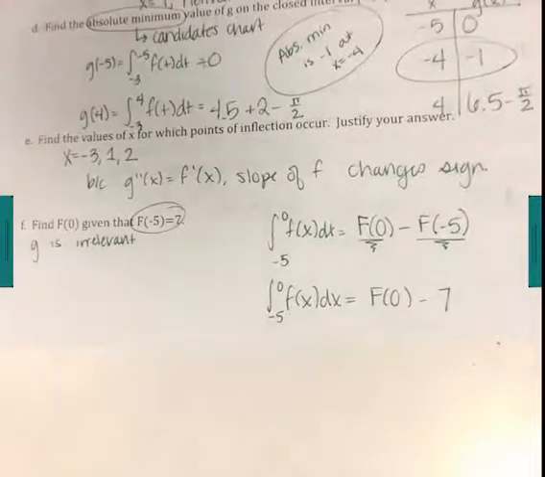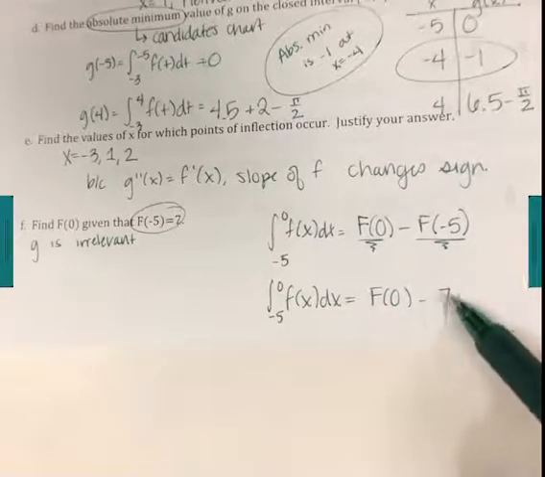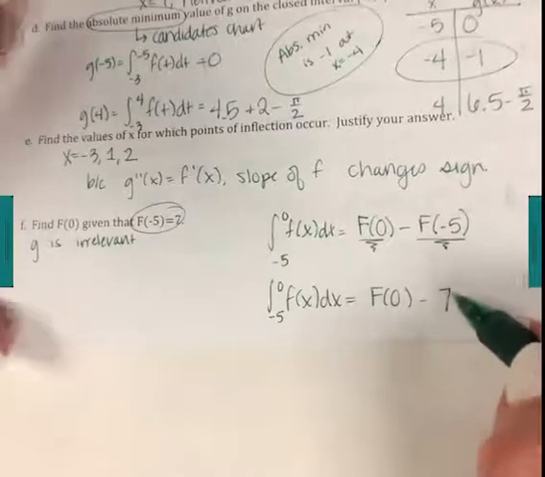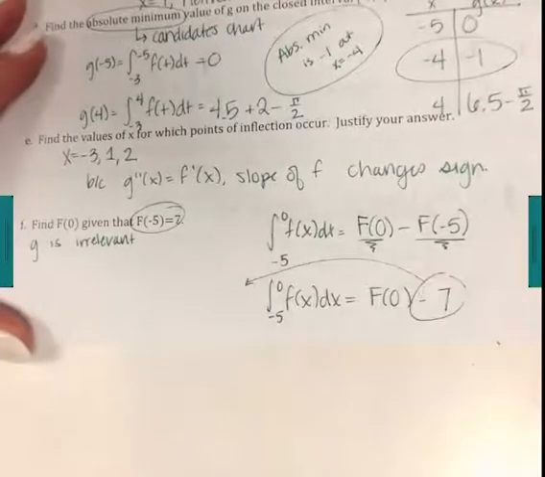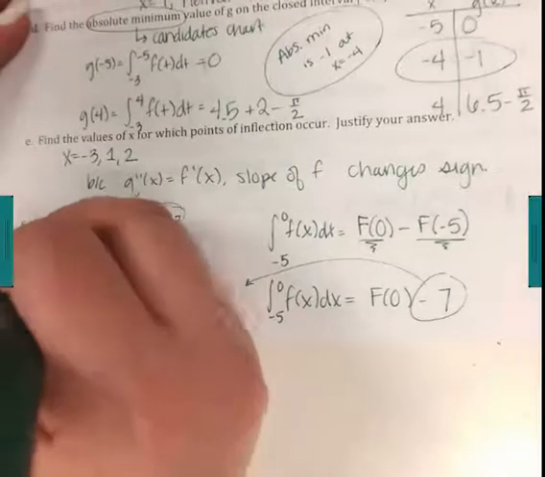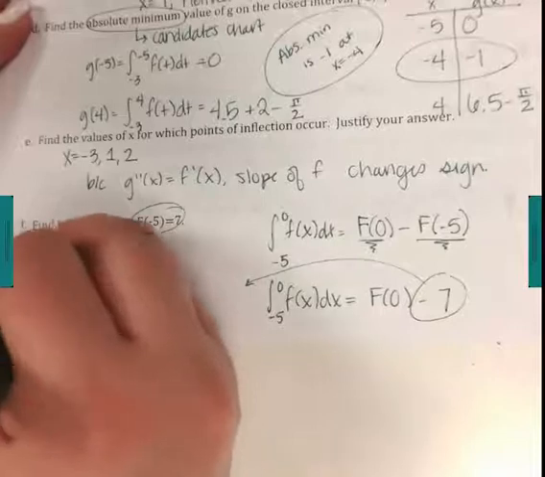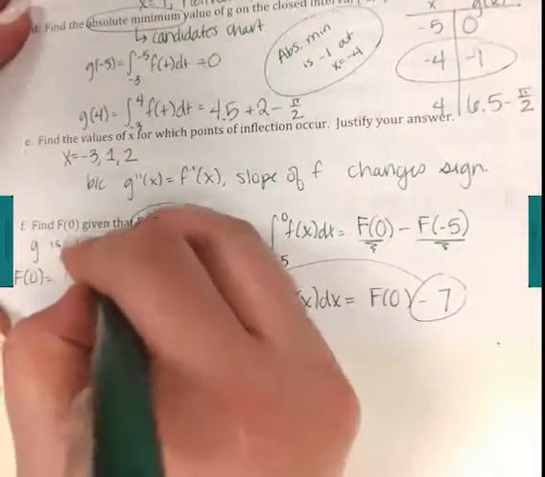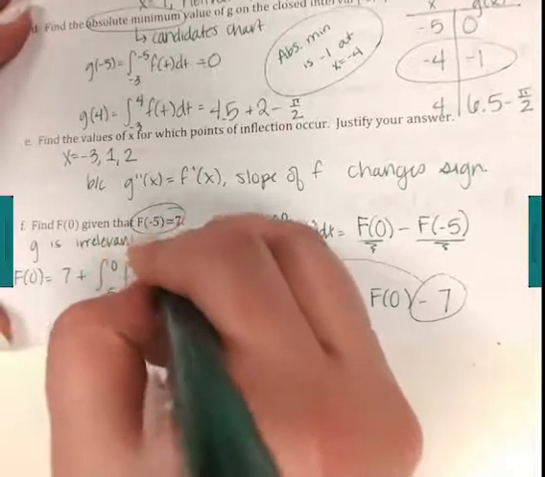Well, then if I want to solve to get this by itself, what do I do with the -7? I just add it across to the other side, and then f of 0 will be by itself. So I'll have f of 0 equals 7 plus the integral -5 to 0 of f of x dx.